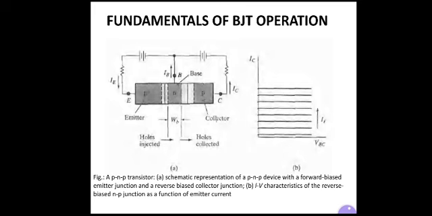Here we are considering the PNP transistor, a convenient hole injection device, that is a forward biased P plus N junction. Observe there the emitter is P plus, that is it is heavily doped, plus stands for heavy doping.